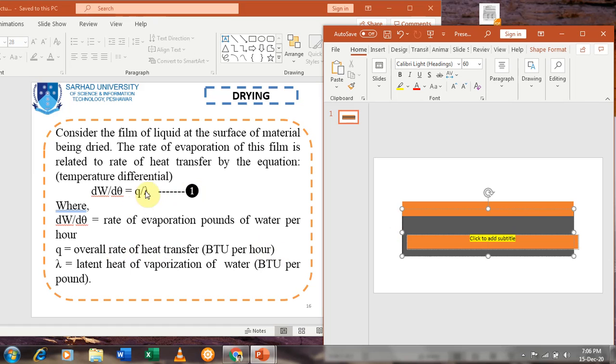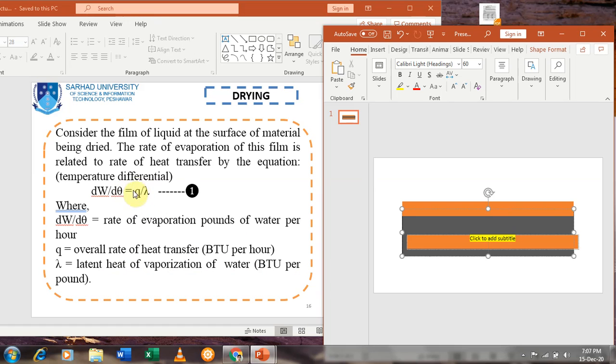Lambda is the latent heat of vaporization of water in British thermal units per pound, that is, the quantity of heat supplied in order to be gained by the material.